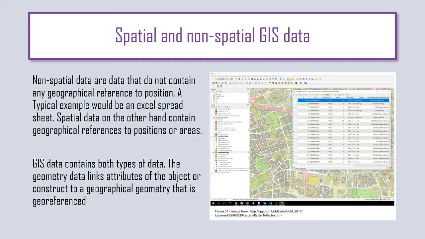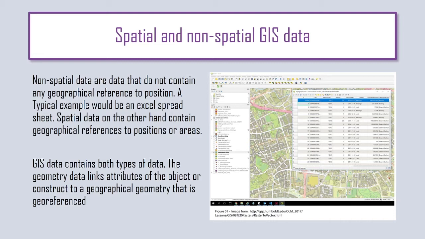And as you can see to the left here, we have a GIS urban topography data set, and those shapes represent something related to the real world. Each one of those polygons, points or lines has certain information attached to it.